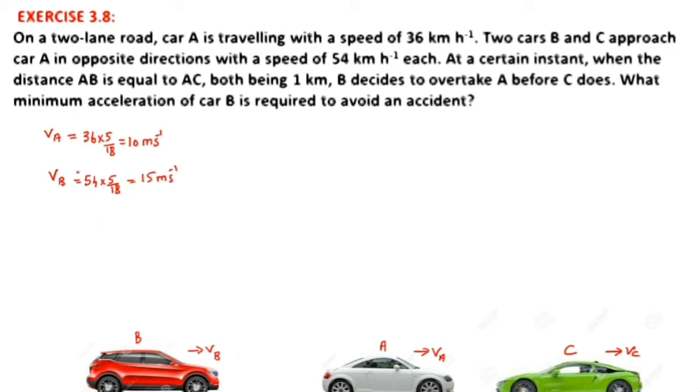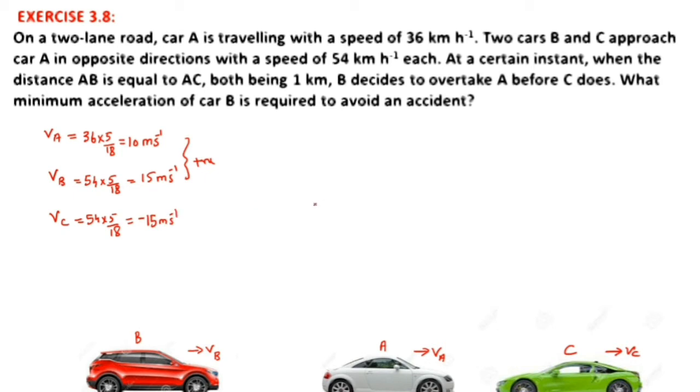You can see here VA and VB are traveling in one direction, so take both in the positive direction. Car C is coming in the opposite direction, so we consider it negative. VC is 54 into 5 by 18, which is 15 itself, but we take it as minus 15 meter per second.